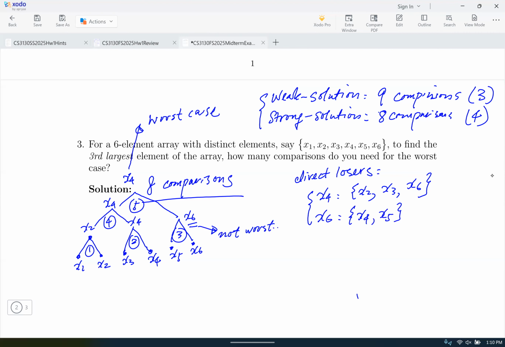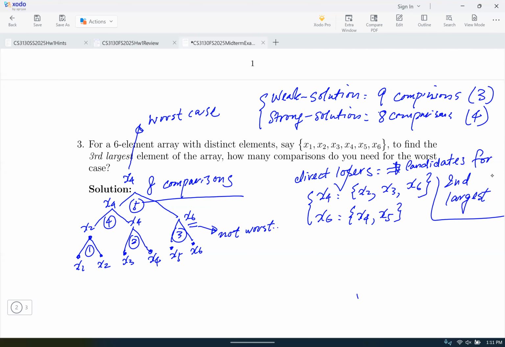So direct losers are the candidates for second largest. The more candidates for second largest, the more comparisons you need to do. So that's the worst case. For that reason, we pick X4 as the winner, so we have to do more comparisons for the worst case, because you need to pick the worst case.